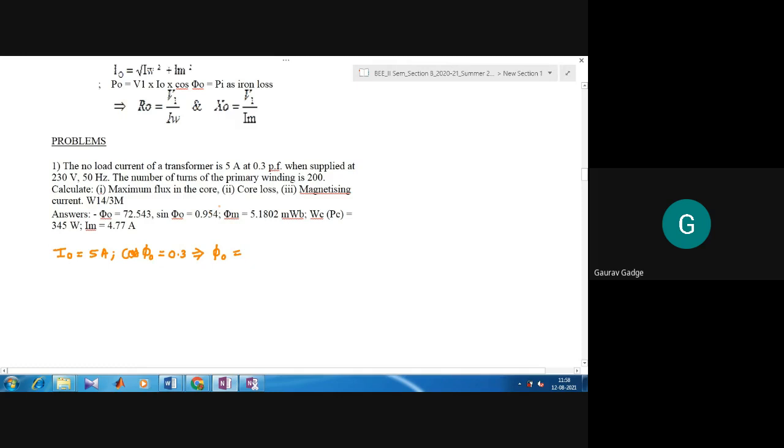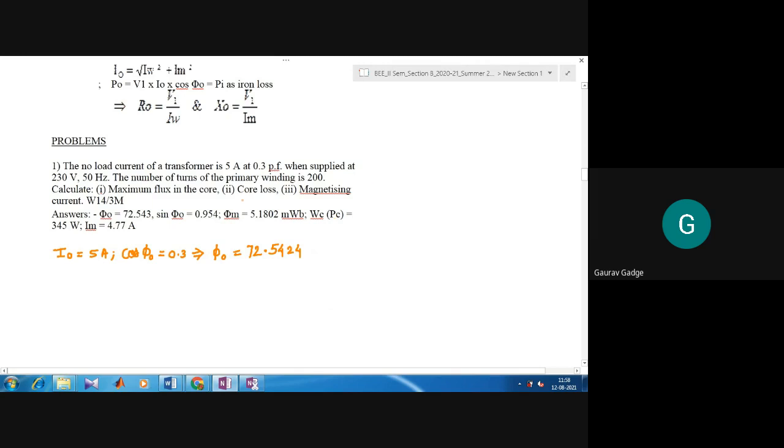So I am getting 72.5424. Okay, now we don't have whether it is lag or lead because that particular information is not given in the numerical, but generally it is coil related, so it must be lag.